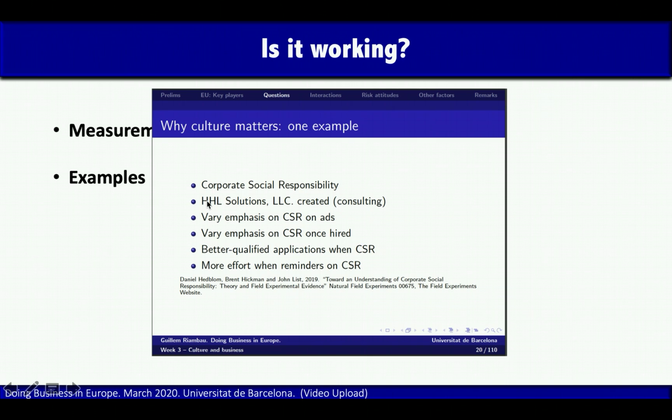They created this company called HHL Solutions, and sometimes they advertised it emphasizing a lot the social responsibility of the firm, and sometimes not emphasizing it. They saw that when the emphasis was placed on CSR, the pool of applicants in general had better skills, like the CVs were stronger. Eventually they hired a few of them in this firm that was only created for the purpose of doing research.